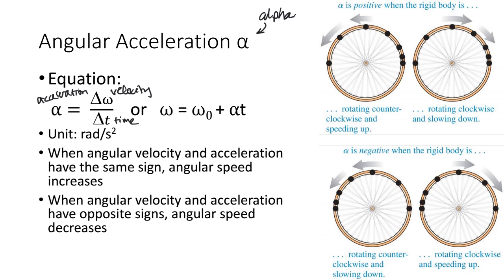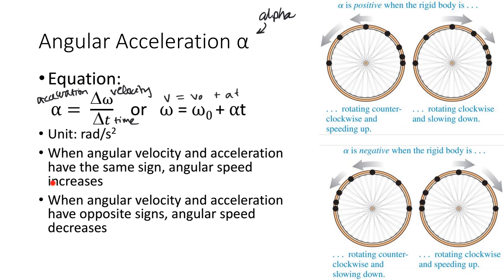You can also represent angular acceleration this way, being synonymous to saying velocity equals initial velocity plus acceleration times time. This is just written in a linear reference frame, and this is written in a rotational reference frame, but they're used the same way.